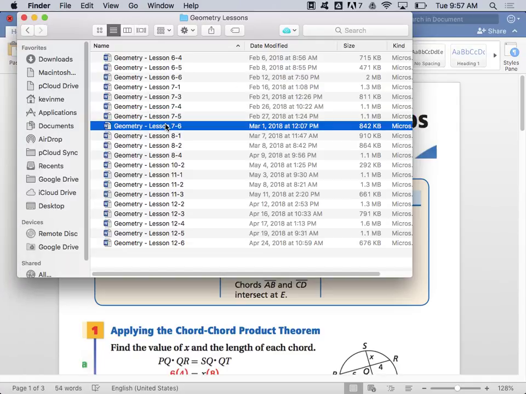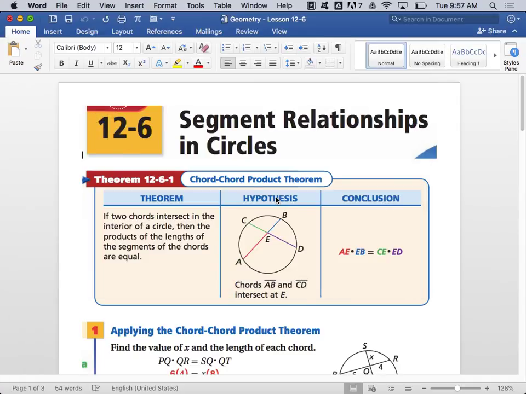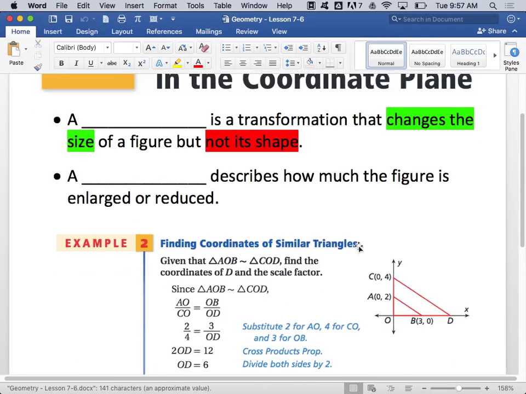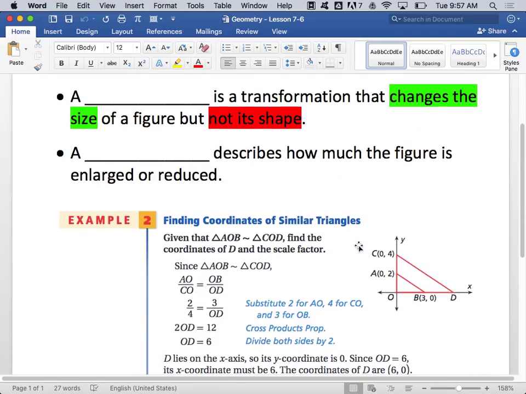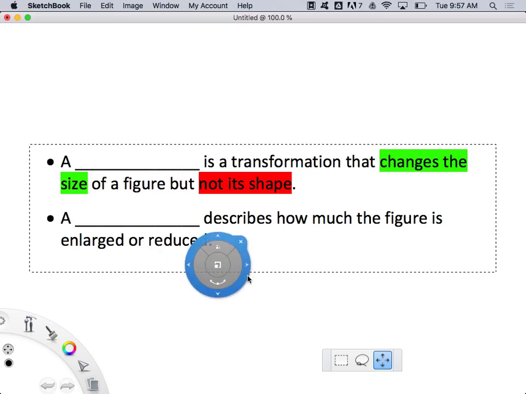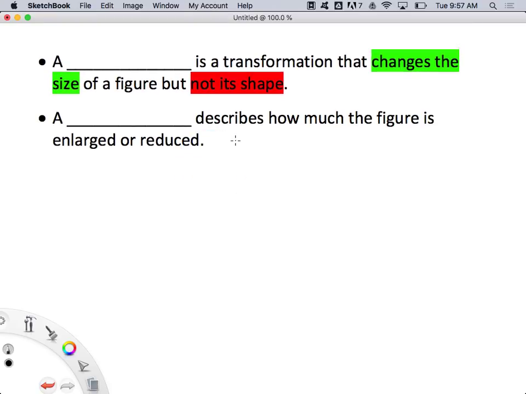And then finally we have lesson 7.6. Okay. Thank God this is one of the easier ones. A dilation is a transformation that changes the size of a figure but not its shape.